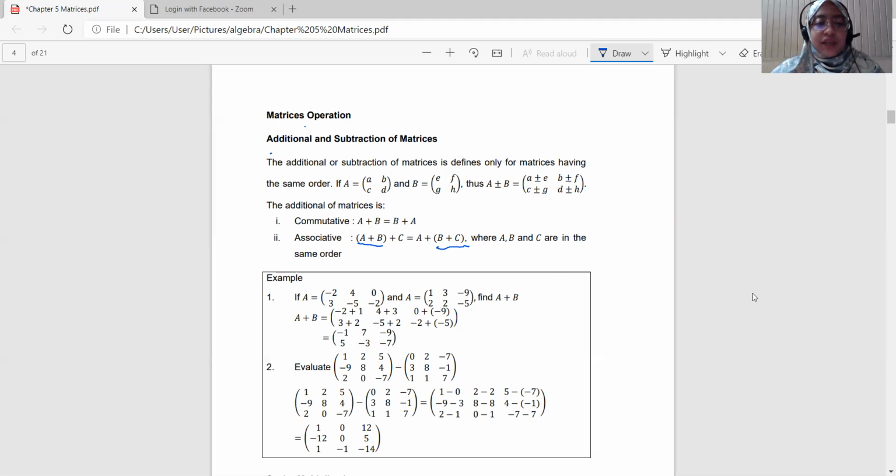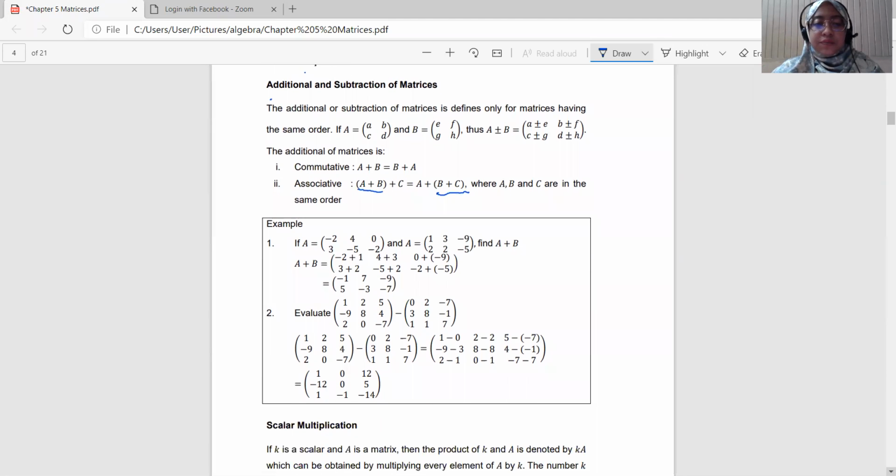Example, if A is -2, 4, 0, 3, -5, -2, it is a 2 by 3 matrix, and this one is matrix B. Matrix B is 1, 3, -9, 2, 2, -5.